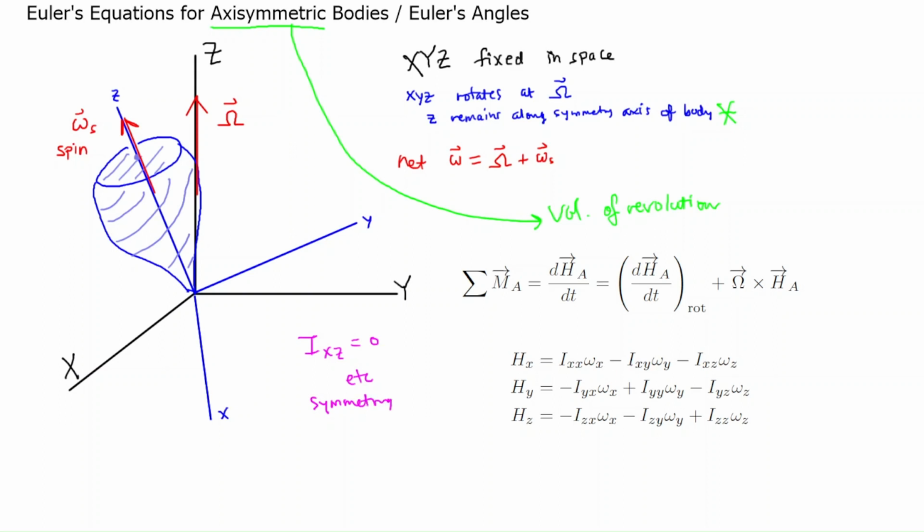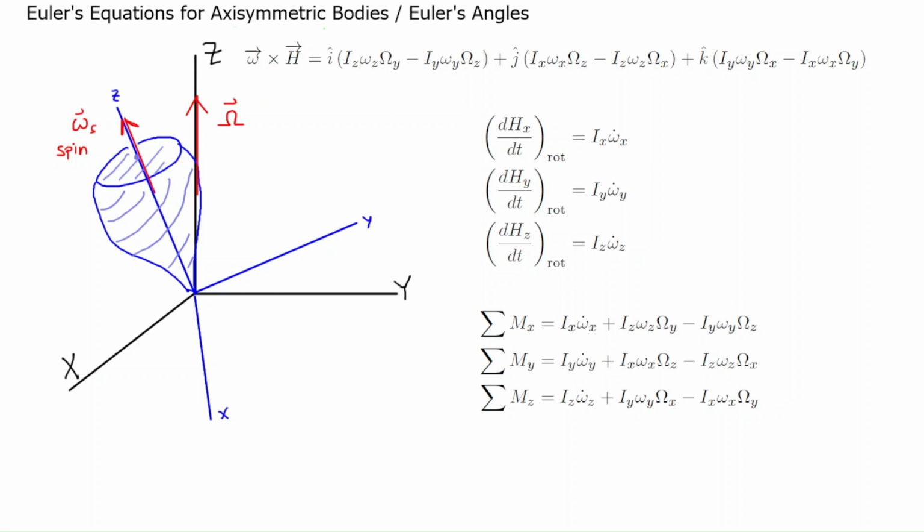So we just lose all these mixed subscript products of inertia, so it's greatly going to simplify our work. And then the remaining terms are going to feed into this derivative term and also into that cross product. So let's see how that works out.